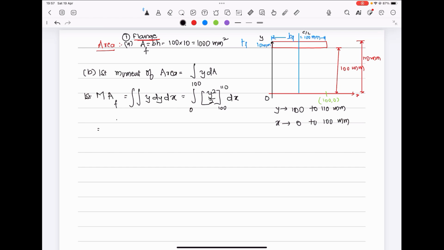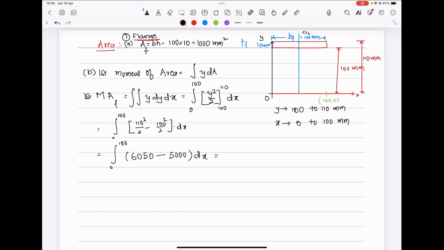Then integral 0 to 100 of y square by 2 means 110 square by 2 minus 100 square by 2 into dx. 110 square by 2 is how much? 110 square divided by 2 is 6050, minus this is 100 square, it is not 110, this is 100 square by 2, which is 5000, dx.